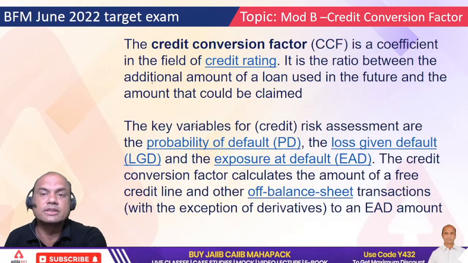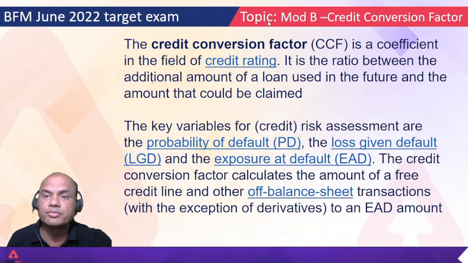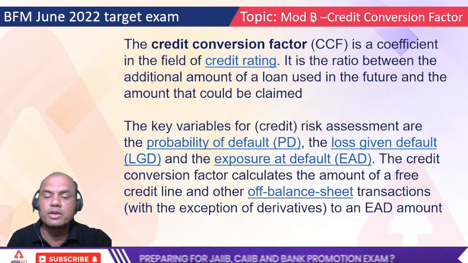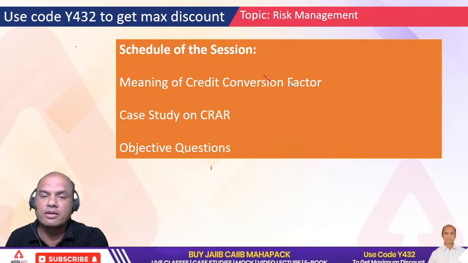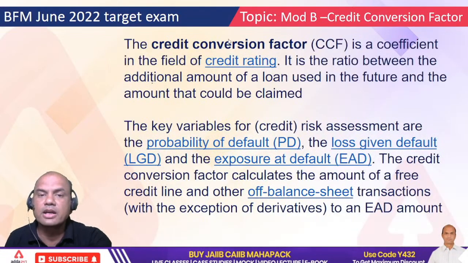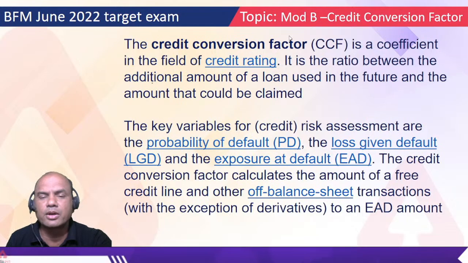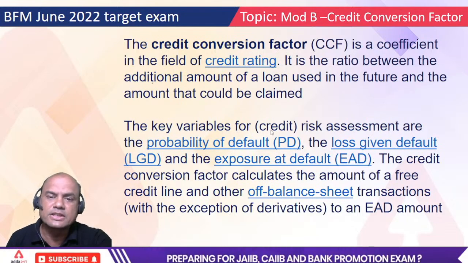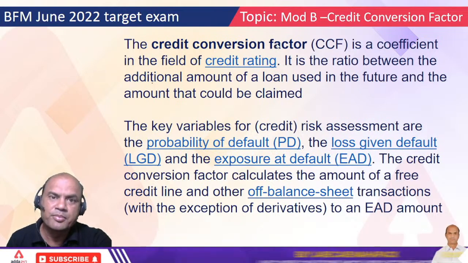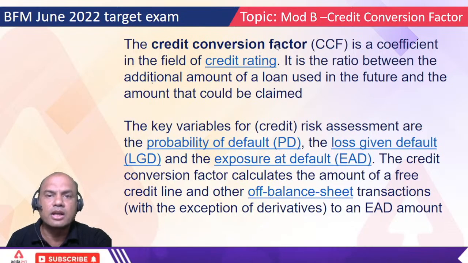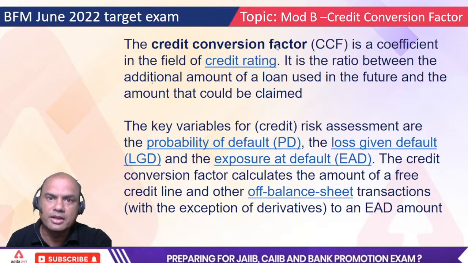So let's start with the topic without wasting time. The first part of today's session is the meaning of credit conversion factor. So what is credit conversion factor? Remember one important part: all these definitions will be there, but I'll tell you in simple language. Something which is not taken is known as a contingent liability.